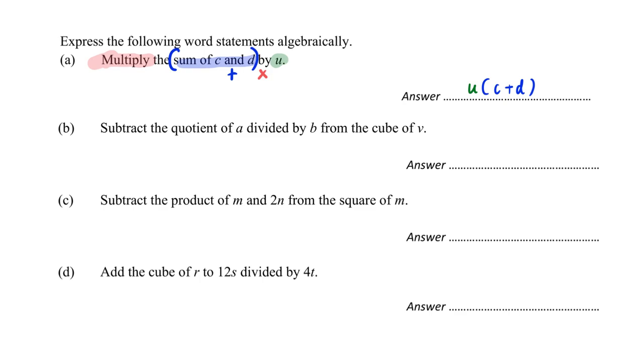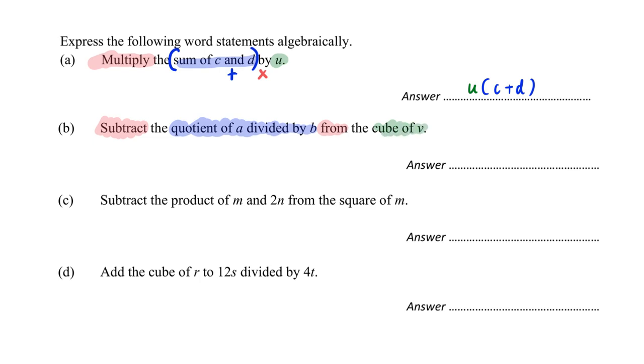And now part B is subtract the quotient of A divided by B from the cube of V. Subtract means minus.